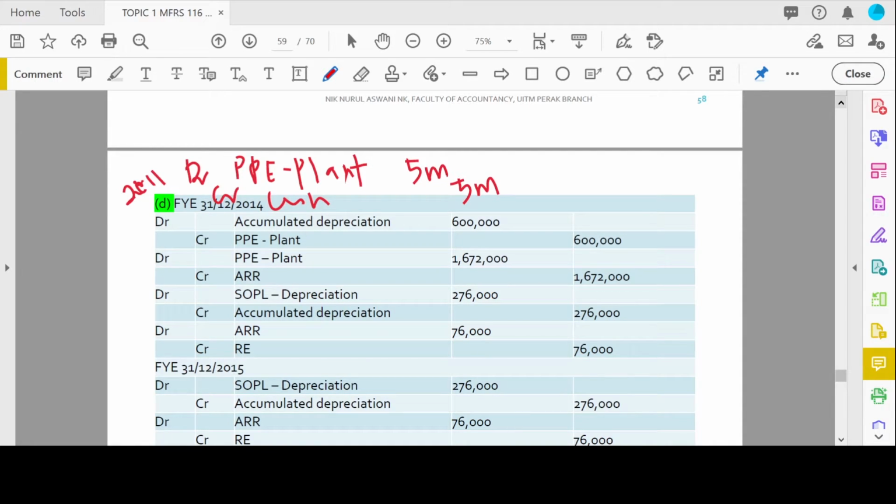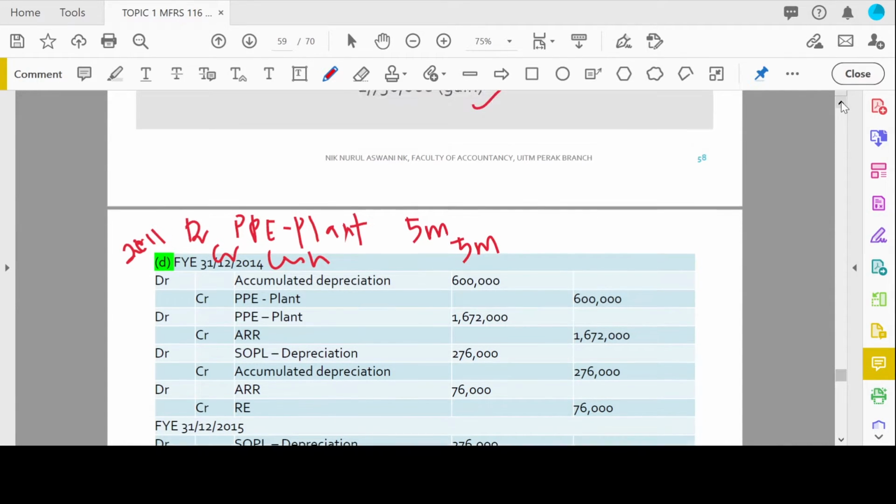To make sure that we did not leave out important transactions related to this plant, it is good to go back to the previous working or computation. So let's look at it together again.